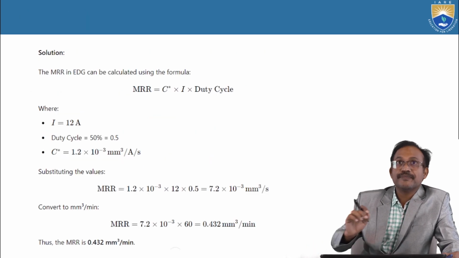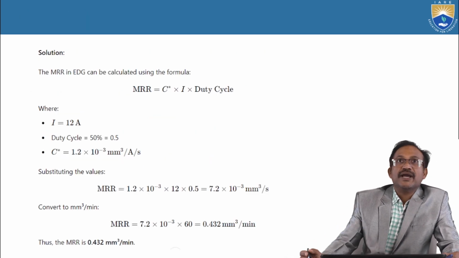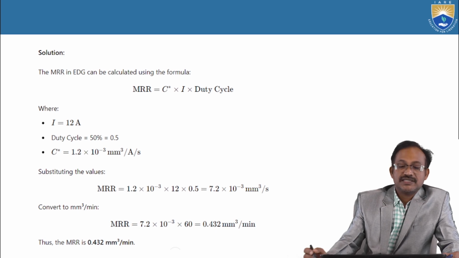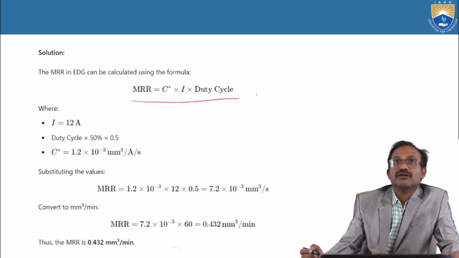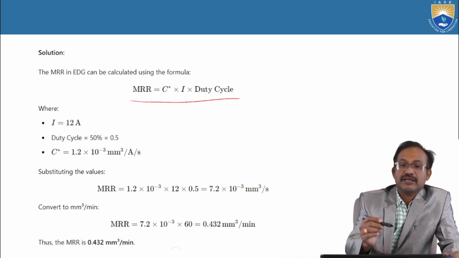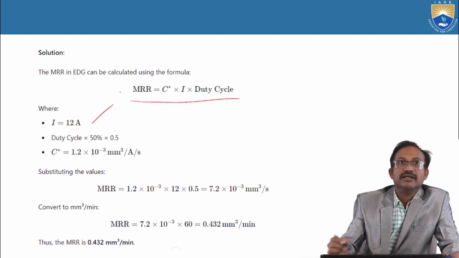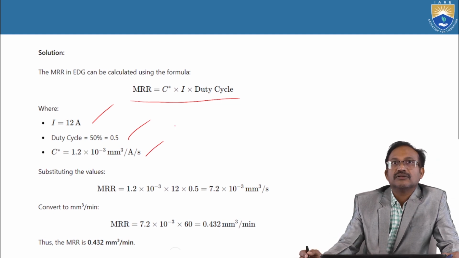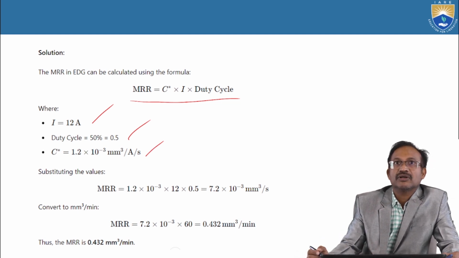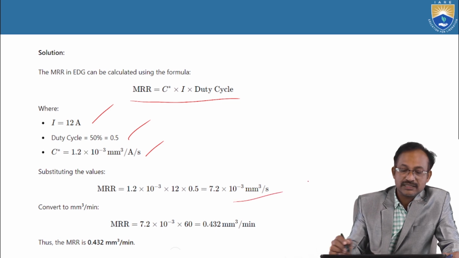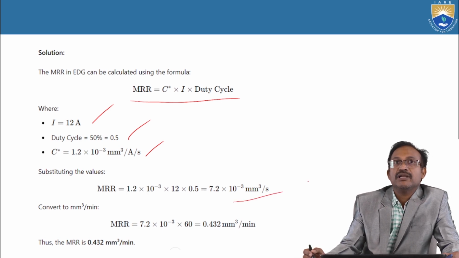Now, by using the basic formula, material removal rate equals C star into I into duty cycle. I is given, duty cycle is given and C star is given, so simply substitute the given values and we will get the material removal rate.